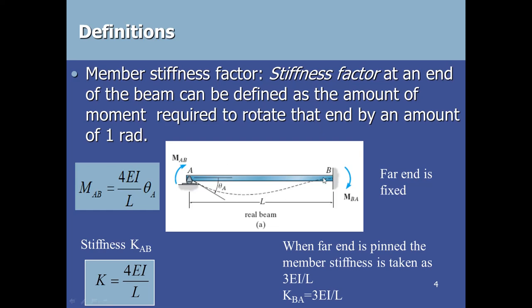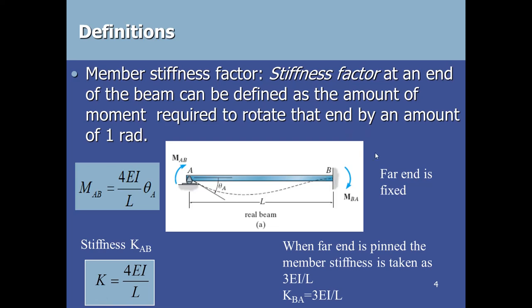If you look at this beam, here is support A, which is roller support, and B is fixed support. If we try to rotate this end A by an angle of theta when the far end is fixed, so here this is the point which we are considering. We are trying to rotate this end, so this will be considered as near end, and the other end, which is B in this case, will be considered as far end.